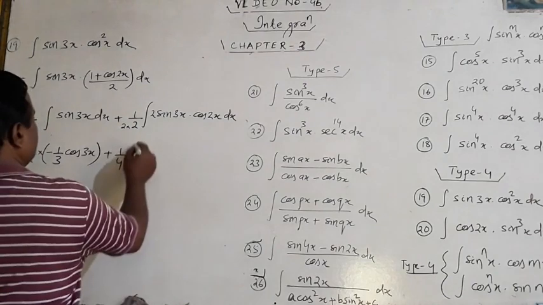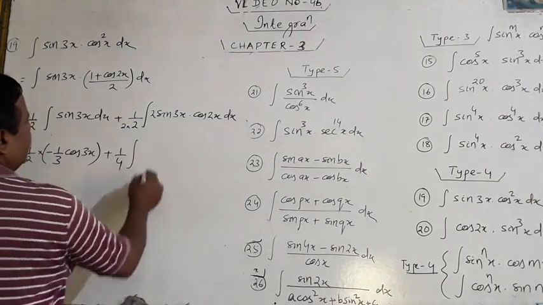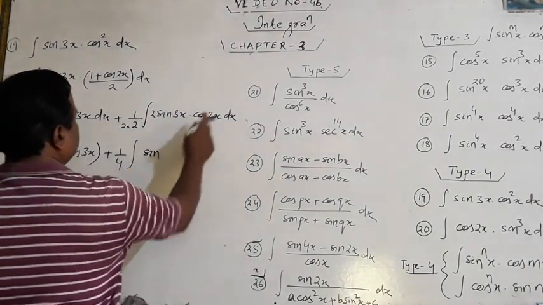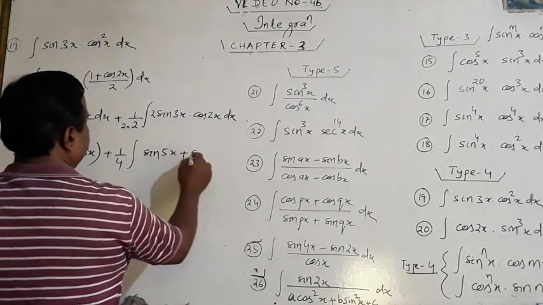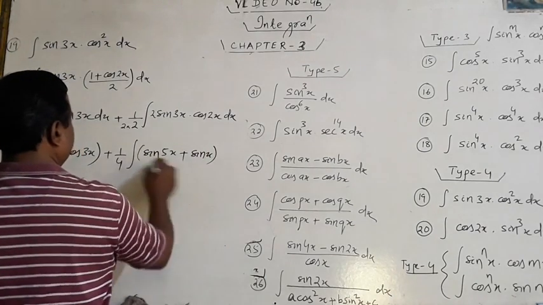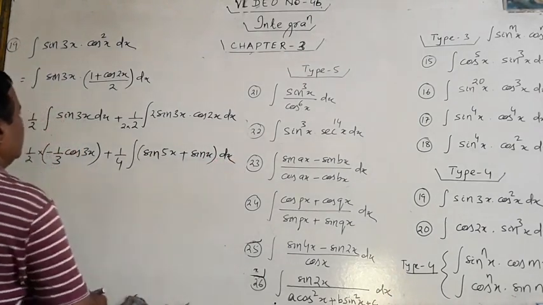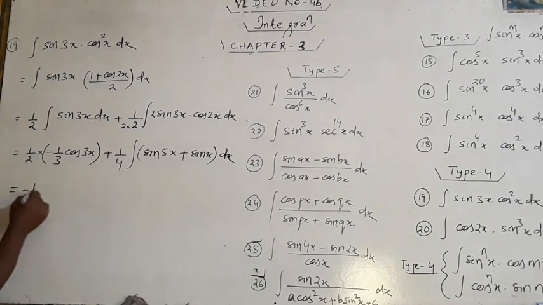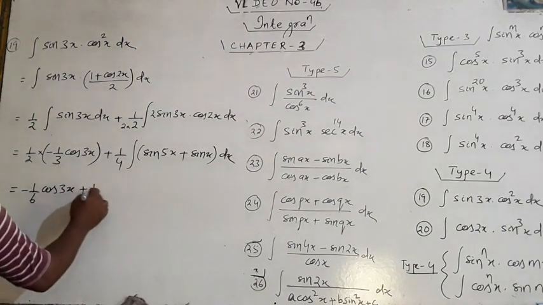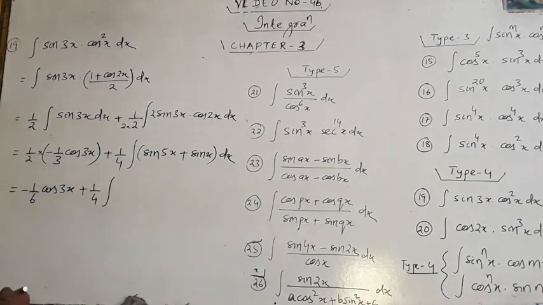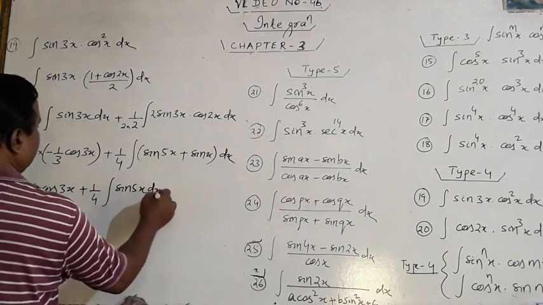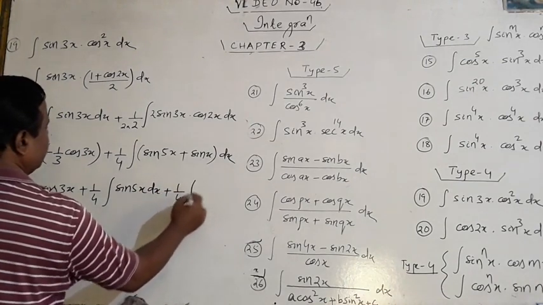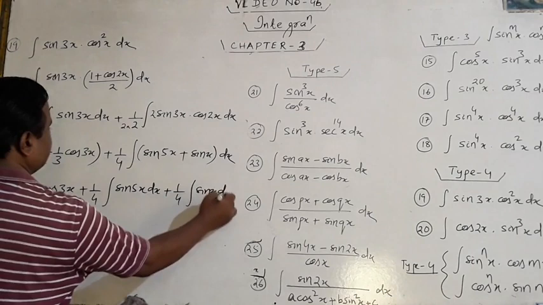It is sin a plus b plus sin a minus b. So it becomes minus 1 by 6 cos 3x plus 1 by 4 integration of sin 5x dx plus 1 by 4 integration of sin x dx.